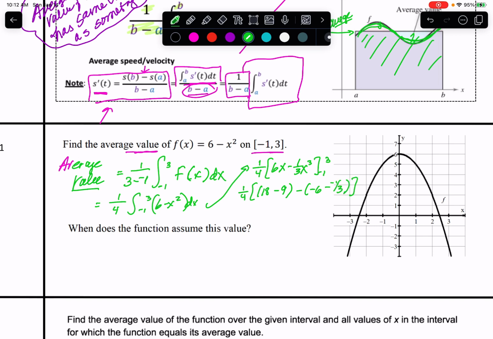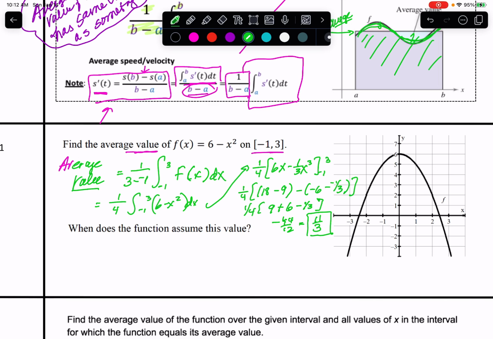So you end up with 1/4 times 9 plus 6 minus 1/3. And if you do the math, that comes out to be 44 over 12, which comes to 11/3. Okay, so that's the average value of 6 minus x squared on the interval negative 1 to 3.